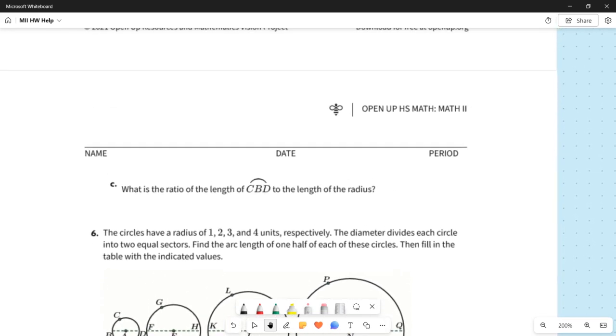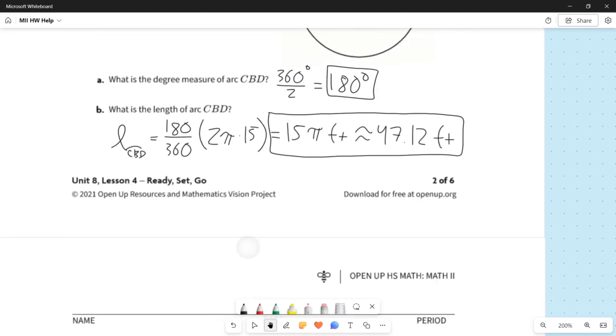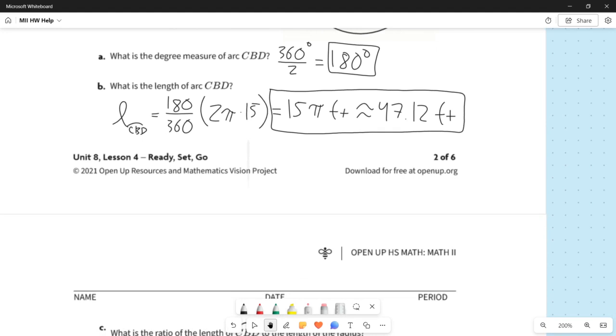Part C says, what is the ratio of the length of arc CBD to the length of the radius? Well, this problem is actually fairly straightforward because it's just asking what happens when we take our answer to B. We'll use our exact answer. So our exact answer was 15 pi.